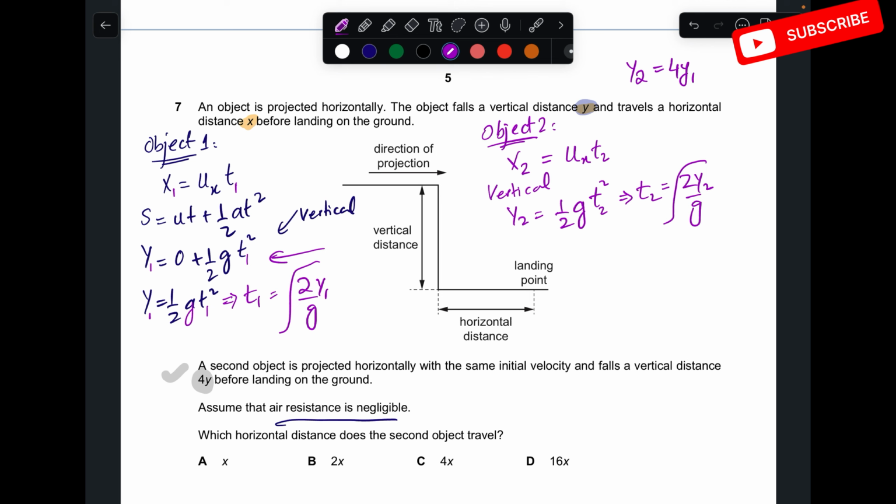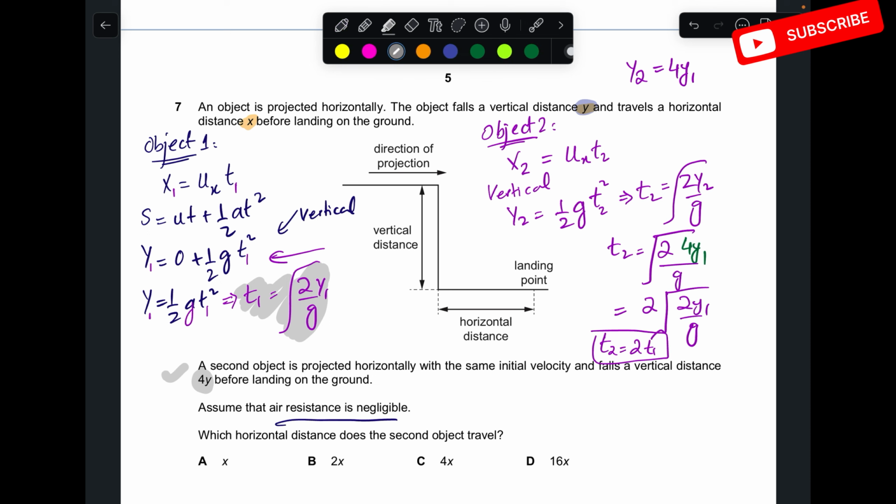When you apply this, it becomes the square root of 4y1 divided by g. Taking the square root of 4 gives 2, so 2 times the square root of 2y1 over g, and that is equal to t1. So t2 is 2 times t1.